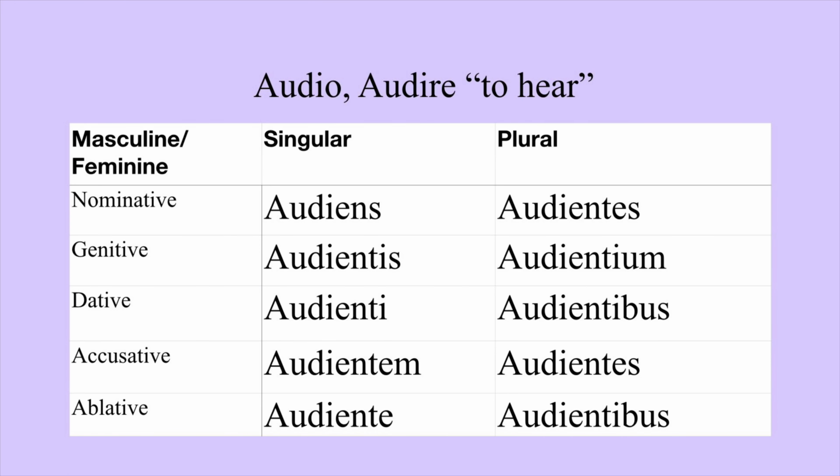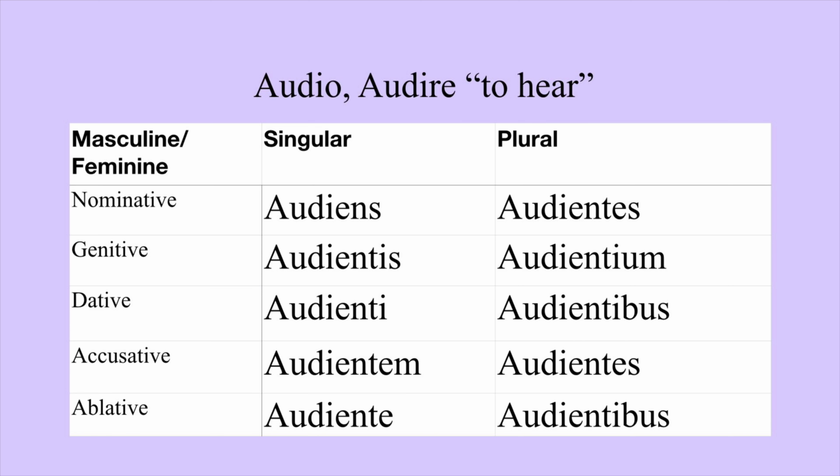The same thing happens when we turn our attention to the fourth conjugation, that once again, we're going to have -ie. So here we're just making sure we notice that we have the I and the E together. So audiens, audientis, audienti, audientem, audiente, audientes, audientium, audientibus, audientes, audientibus.